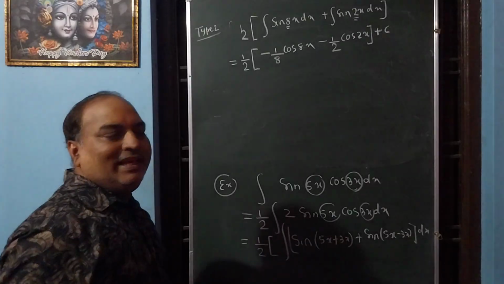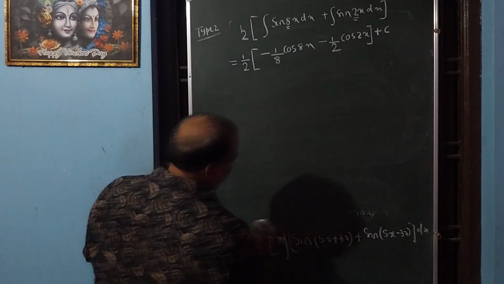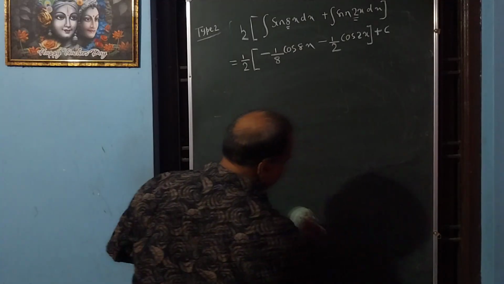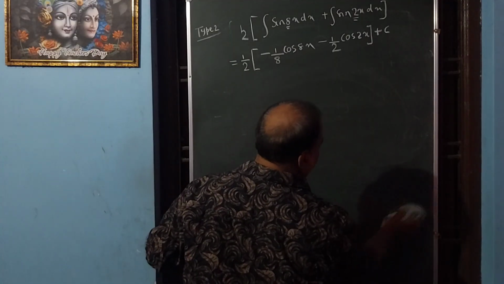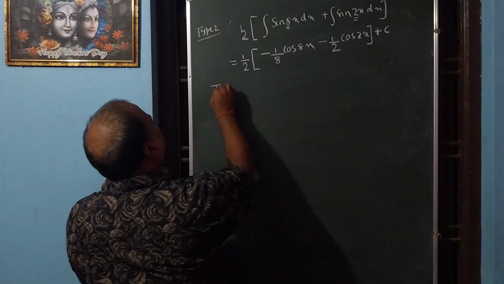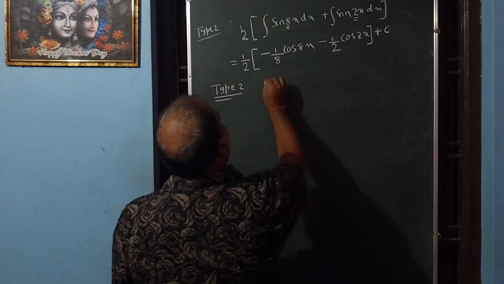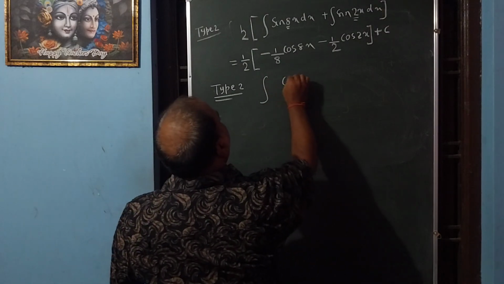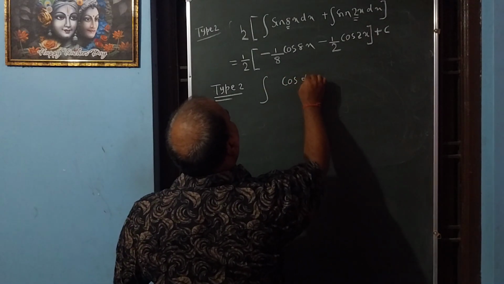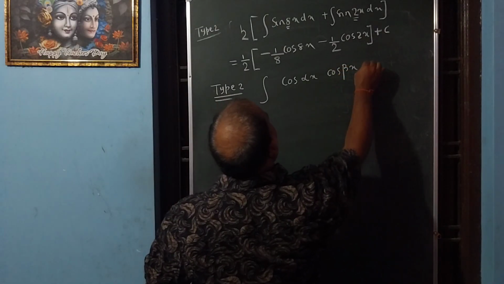So let us take another type. Write down type number 2. Integration of cos alpha x cos beta x dx.